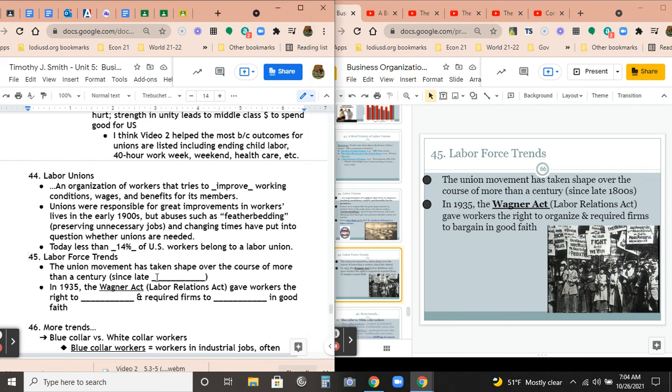All right, so let's add our notes. So this is late 1800s. This is the height of the monopolies, the robber barons. U.S. Steel was still around. Standard Oil was still around. And this is going to change with the antitrust laws. Let's give workers rights to organize and bargain in good faith.